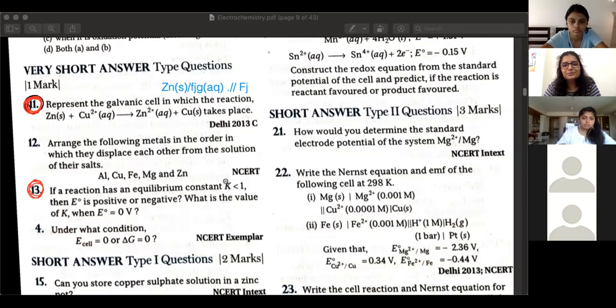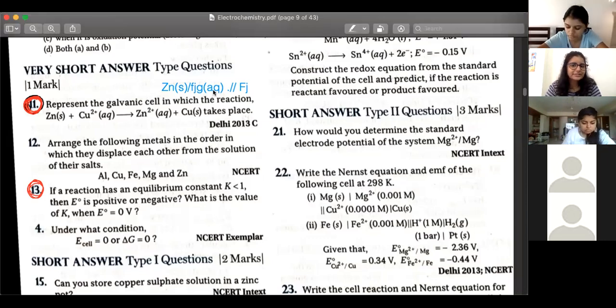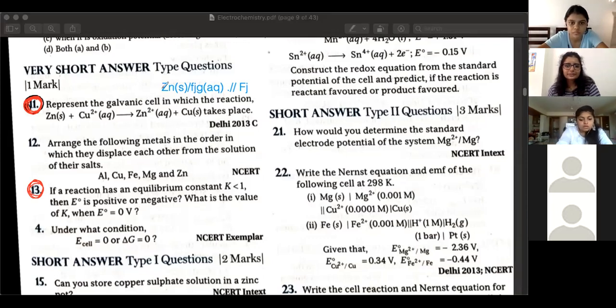Oh, Ansh, you have drawn the cell. When the question asks to represent the cell, I have put it here, right? So this is the cell representation, like we did last class, remember? This kind of representation.